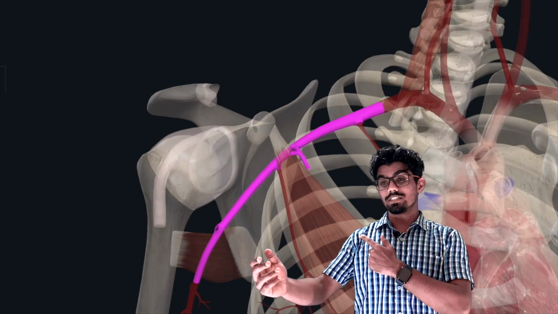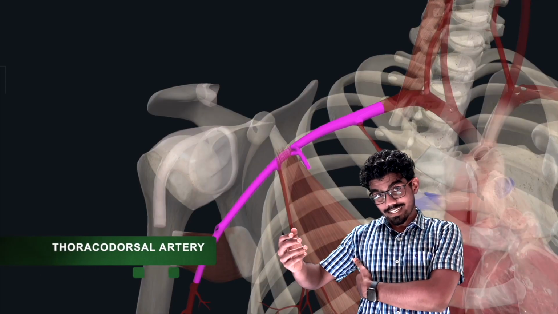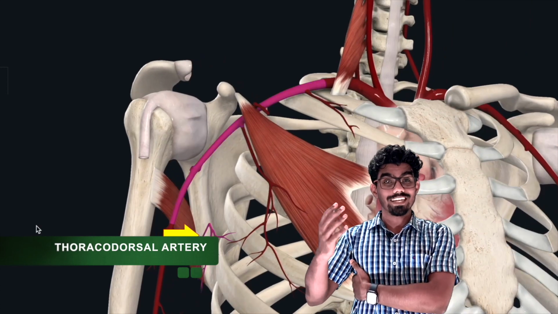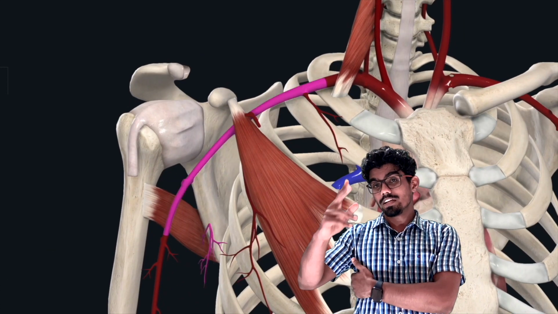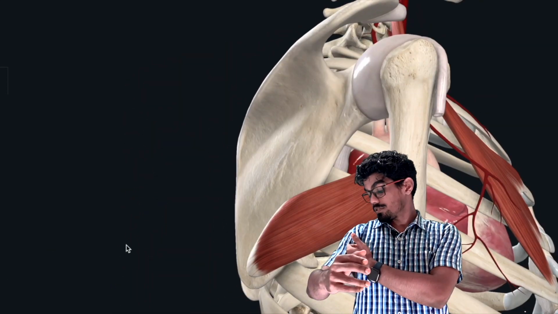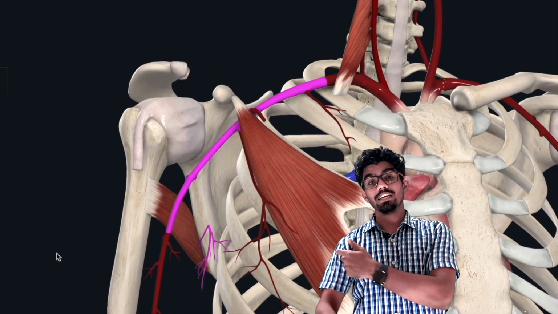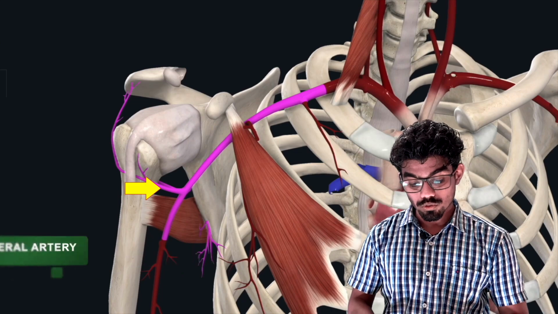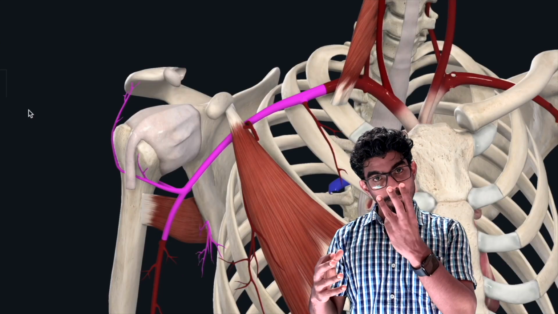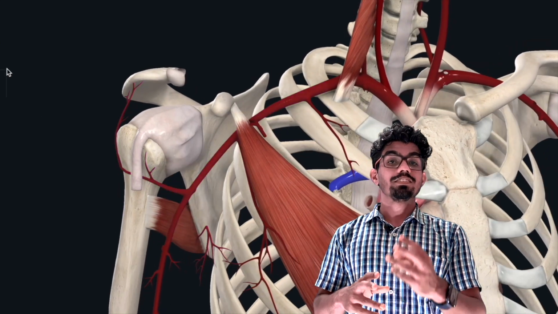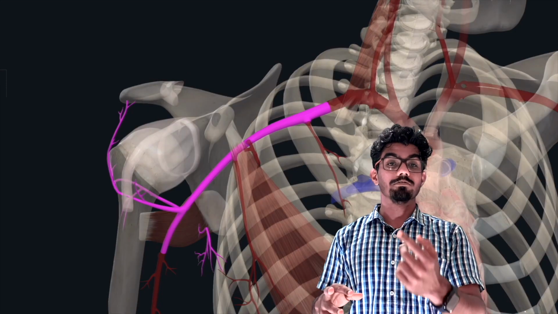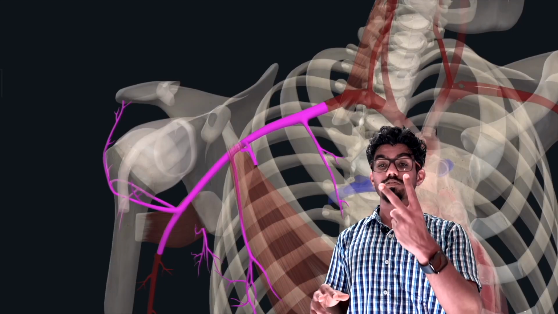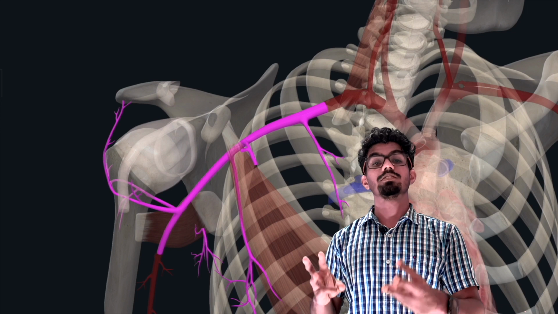The one which is present in the dorsal region of the thorax is called the thoracodorsal artery, and another two branches circumflex or go round the humeral head, called the anterior and the posterior circumflex humeral artery. So the three parts of the axillary artery give six branches. The first part gives one branch, second part gives two branches, and third part gives three branches.